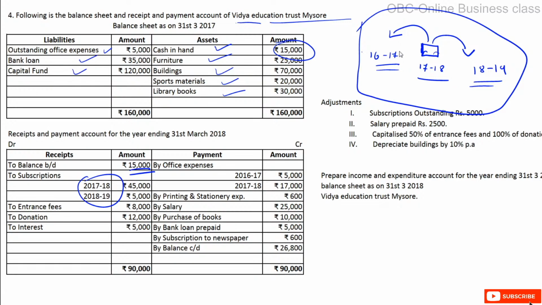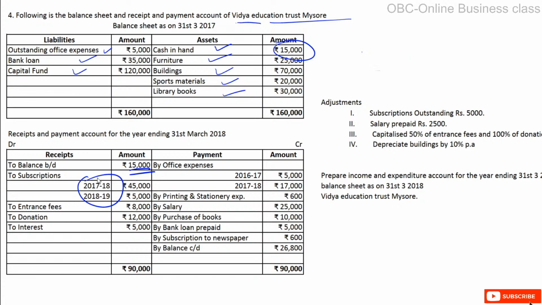So just make sure you know what the previous year, the next year, and the current year are. So here, 2017-18 is the current year subscription, 2018-19 is the next year subscription.